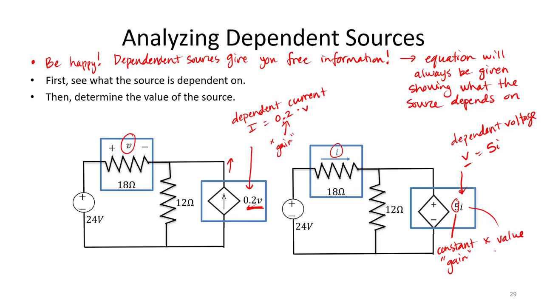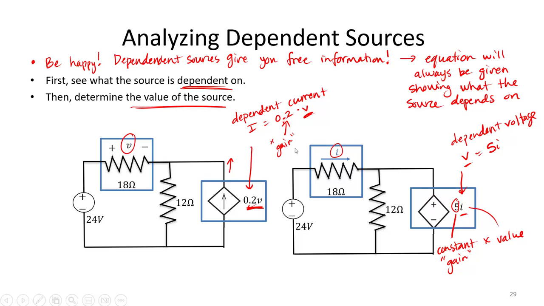So in this case, gain is whatever value we're multiplying the dependent thing by. So once you know what the source depends on, then you can just figure out how much the source is outputting. They're really not so bad.